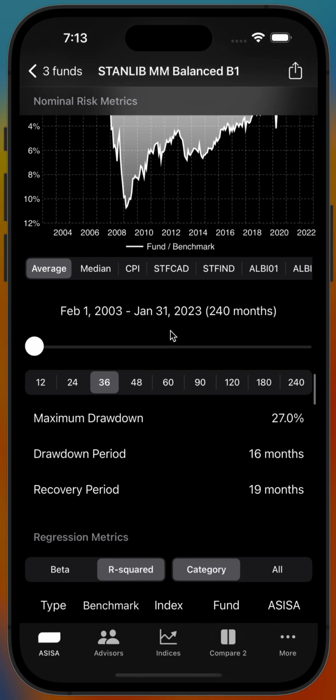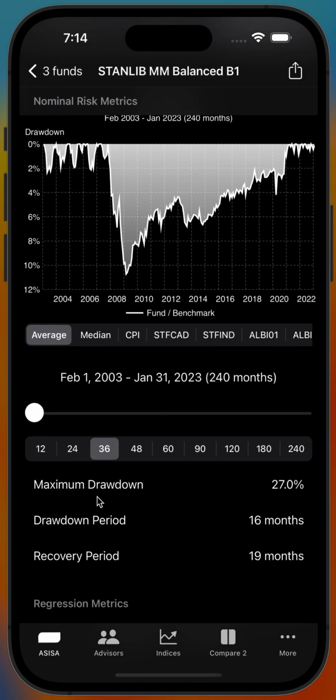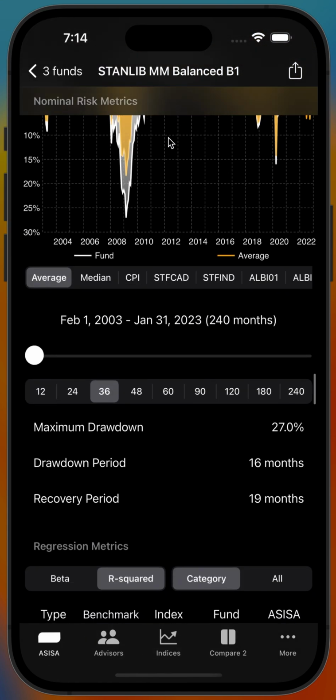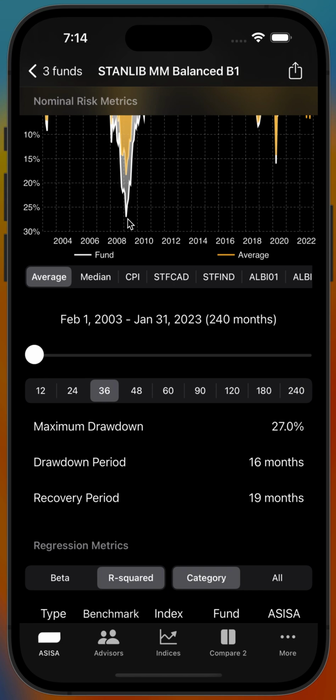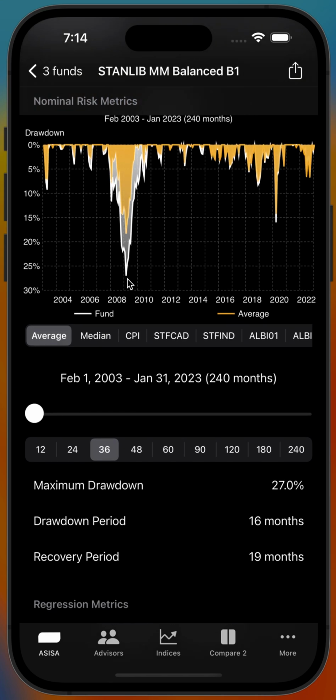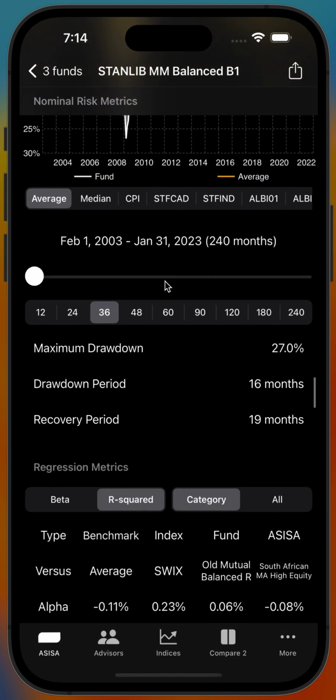And then finally, maybe just here would be those metrics related to this, like the maximum drawdown of 27%, which you'll see on this basis. 27% drawdown there. The drawdown period was 16 months and the recovery period was 19 months. Okay, so 16 months to the drawdown, 19 months to the recovery.